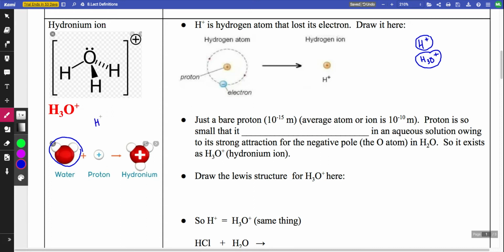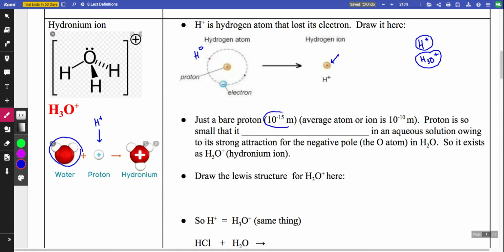So H plus is nothing but a proton, and you can see that picture here. Hydrogen with a 0 charge has its proton and electron. When the electron leaves and gets given to chloride, for example, it is nothing more than just a proton. So this proton is way too small.